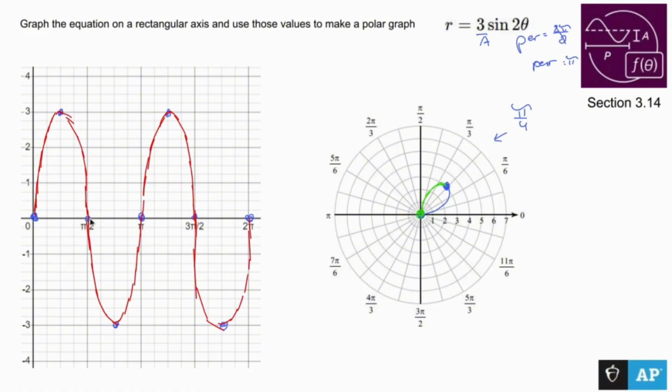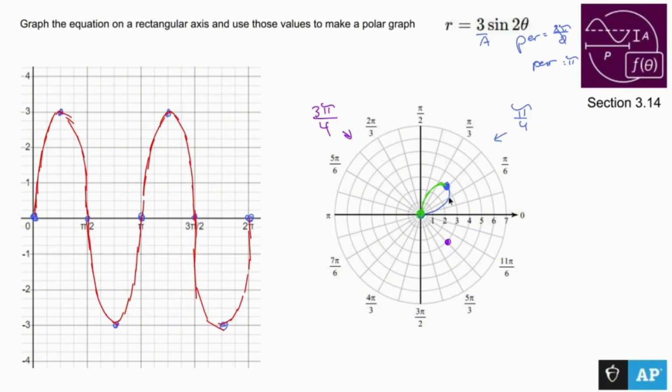Okay? Here I am. Now, as I go in between pi over 2 and pi, that's 3/4 of a pi. That lives right here. 3/4 of a pi. But instead of going towards it, I'm going away from it 3. So I'm going to go over here away from it.